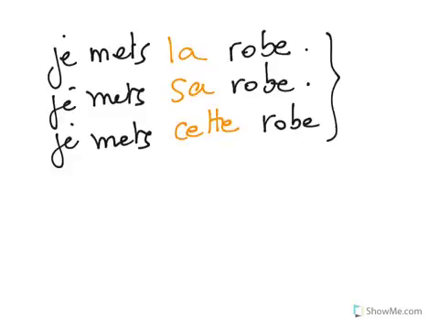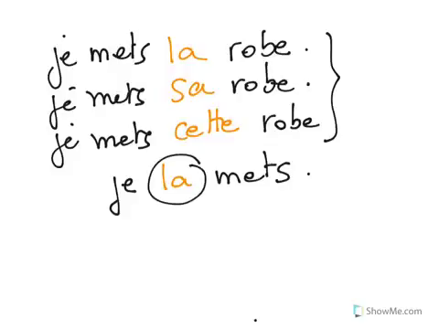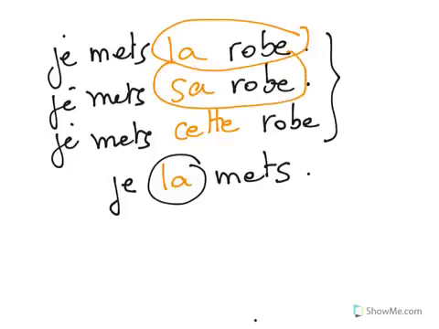No matter what, I'm going to replace it by je la mets. I'm putting it on. La is replacing la robe or sa robe or cette robe, as in English you would say it.